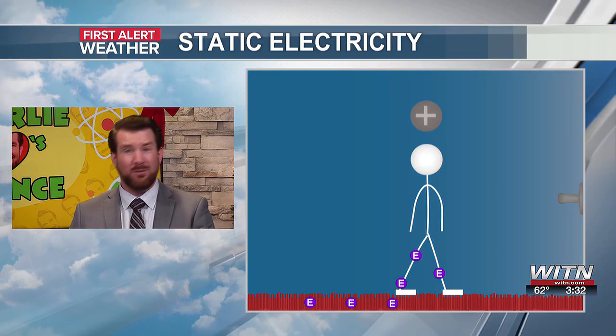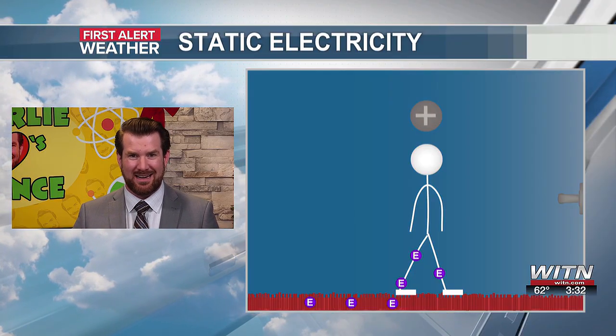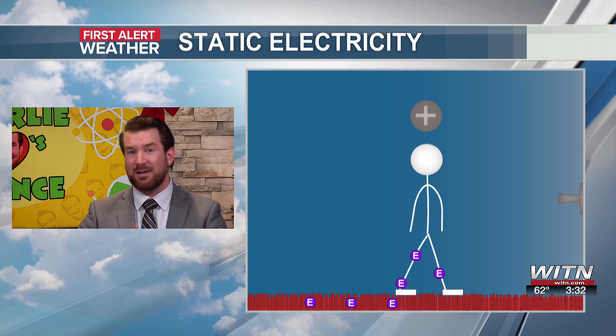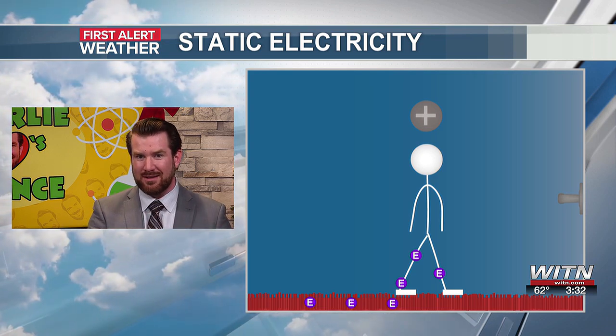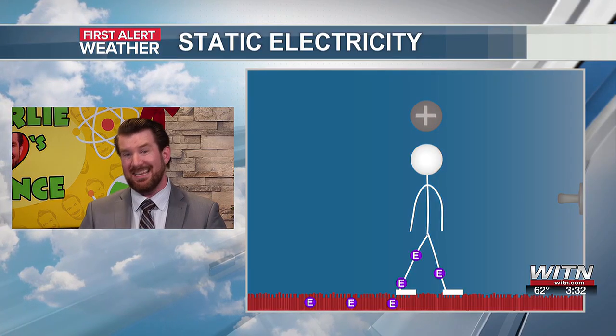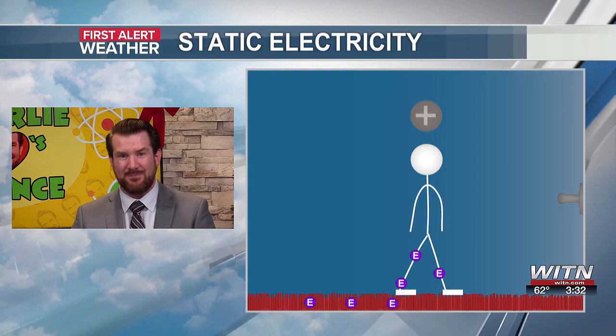Now, normally door handles or anything metal that we usually touch that creates that electric shock, or even another person, are also neutrally charged, but there is that charge difference because we have lost some of those electrons down through our body, down through our feet, and into the carpet. Now, us and the carpet are still neutrally charged, but those electrons have been displaced.